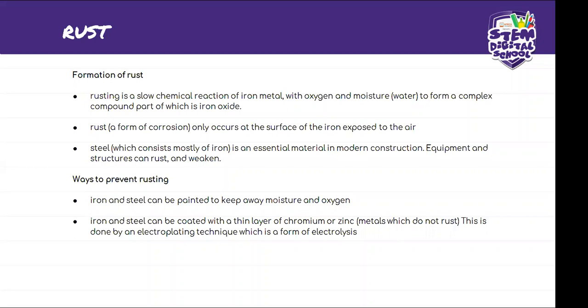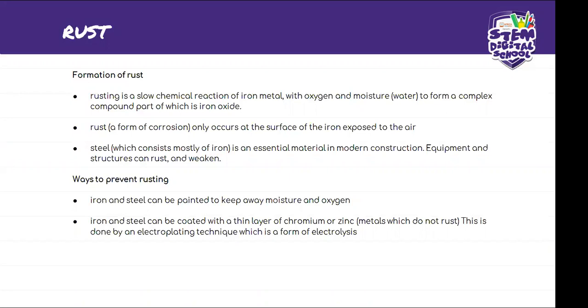And when it's undergoing corrosion, in simple terms, it's rusting. And as it rusts, the material becomes weaker. It's no longer going to be as strong as when it was new, because part of the metal peels off. And when it peels off, the mass decreases. And as the mass decreases, the strength also decreases.